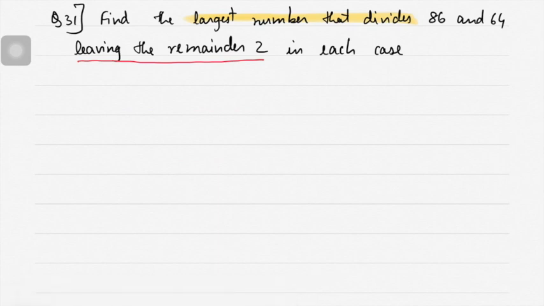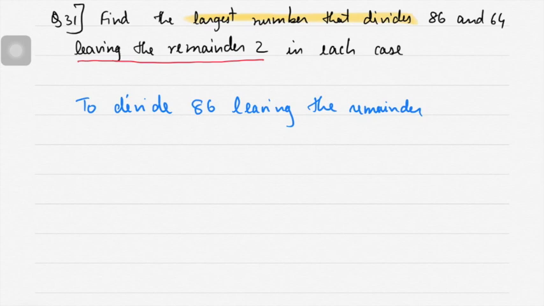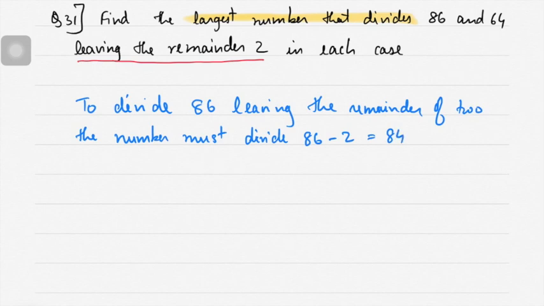So write down: to divide 86, leaving the remainder of 2, the number must divide 86 minus 2, 84.